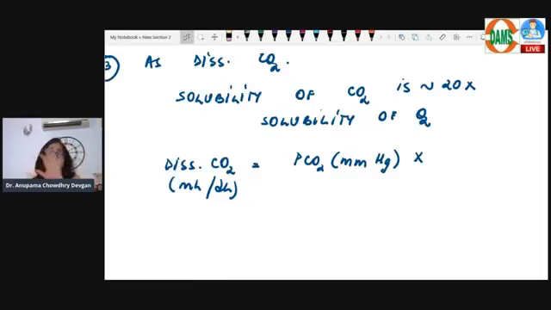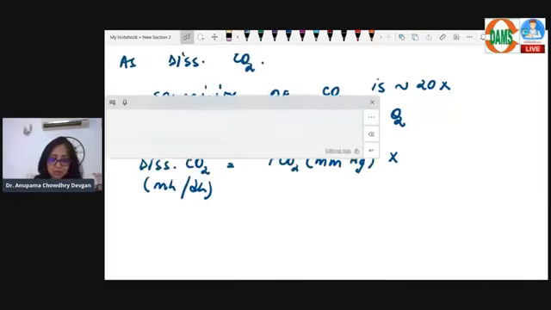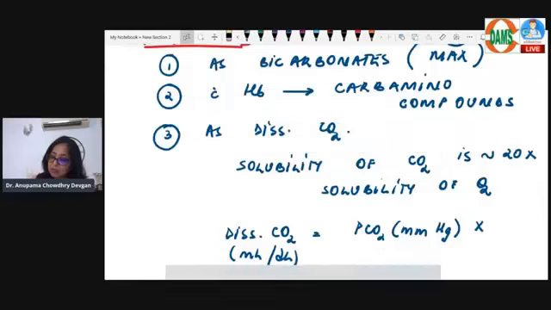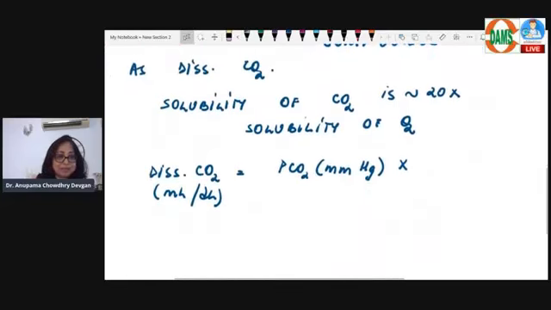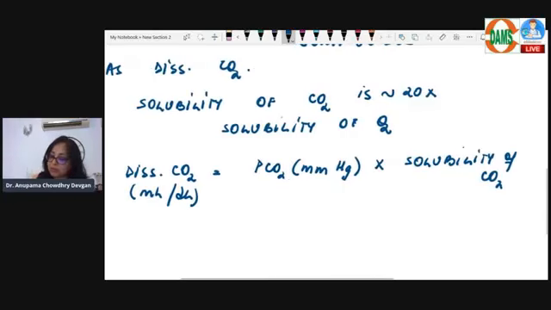For oxygen, I said, if you want to calculate how much is the dissolved oxygen, you take PO2 into the solubility. So if you want to know how much is the dissolved CO2, you will take the PCO2 in millimeters of mercury into the solubility of CO2. So how much is the solubility of CO2?